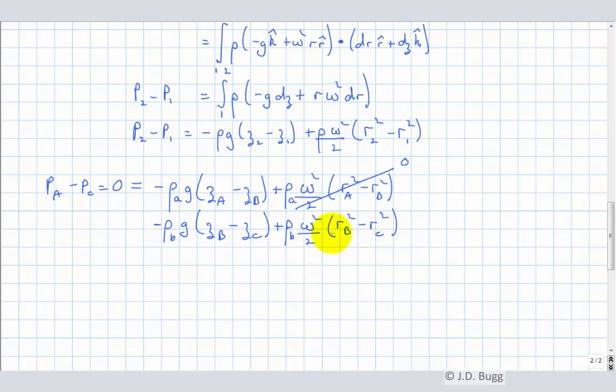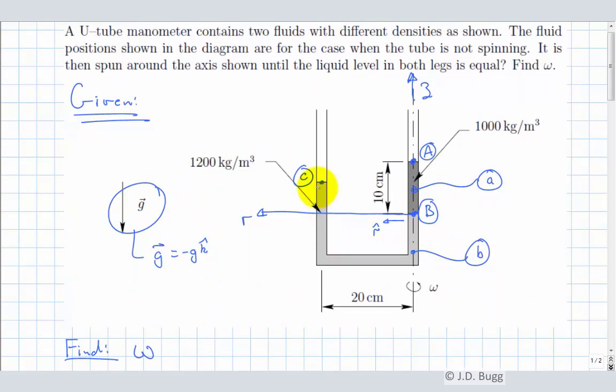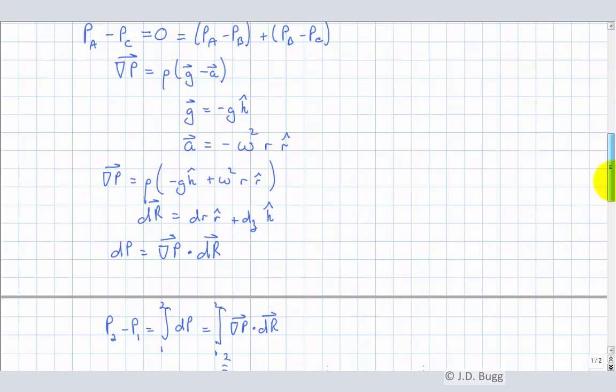Now notice in this case, RB and RC are different. So RC is over here and RB is over there. So again, we're assuming that point B stays on this side and doesn't come around here. So RC minus RB is 20 centimeters. Or another way to look at it is RB is 0 and RC is 20 centimeters. So we know what those are.